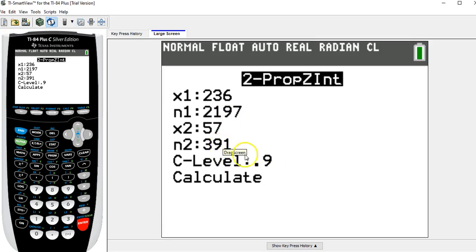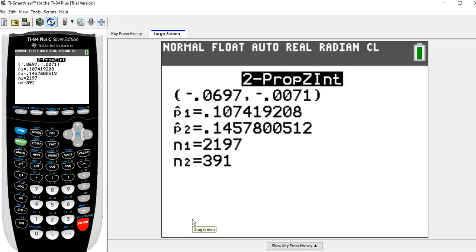I have the correct confidence level, 0.9, and when I go down to calculate, I'll get the limits for this confidence interval: negative 0.0697 and negative 0.0071. So that's a 90% confidence interval for the difference between these two proportions.